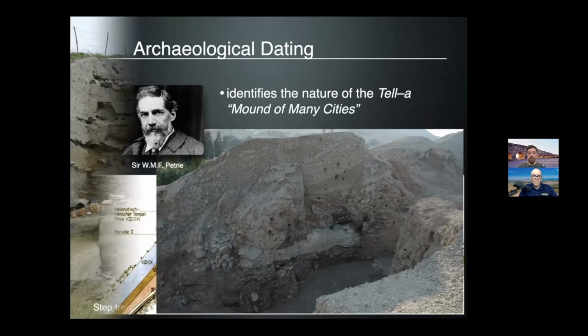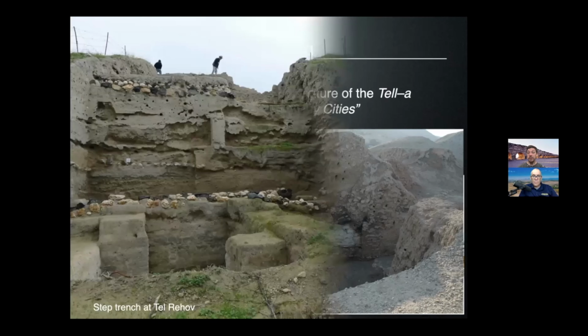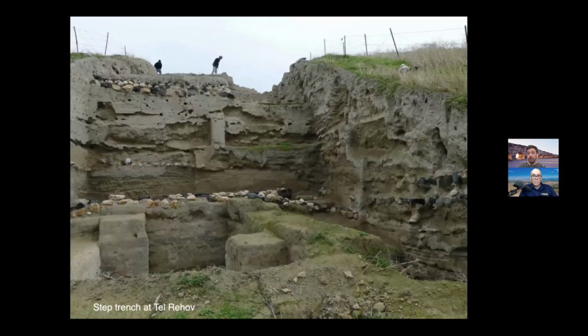And here's just another view of one of these so-called step trenches. So again, there's been a big debate in the world of archaeology in Israel, kind of an Israeli school and an American school type of approach. And one, the Israeli school says dig narrow and deep, and get a snippet of.